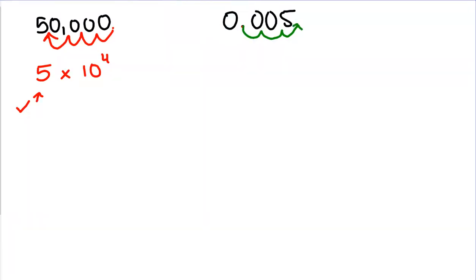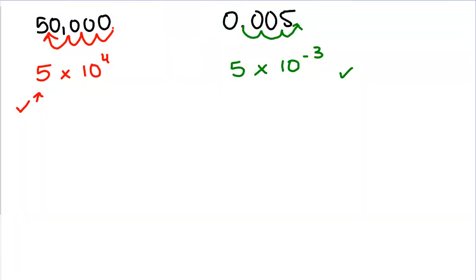And because we moved it to the right, we know that our exponent is going to be negative. So we also have 5, but we're multiplying it by 10 to the power of negative 3 because we moved it 3 spots to the right. And this is scientific notation because this 5 is less than 10 but at least 1, and the exponent is an integer.